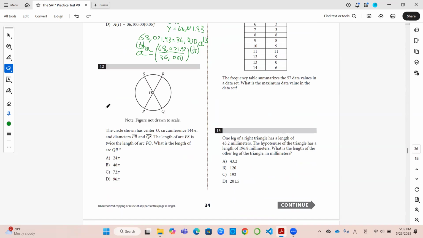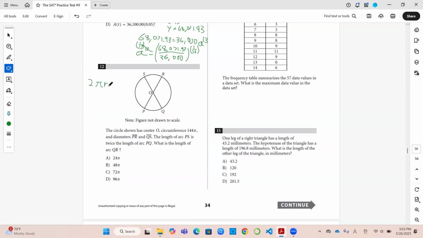Question number 12. The circle shown has center O, circumference 144 pi, and diameters PR and QS. The length of arc PS is twice the length of arc PQ. What is the length of arc QR? Okay, first things first, we know that the circumference is 2 pi r.